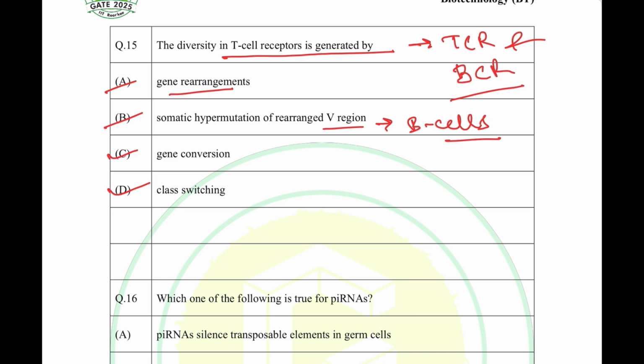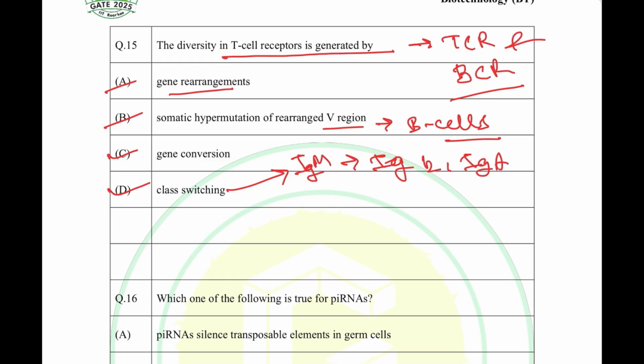And class switching is a different process involved in B cells, changing antibody isotype like IgM to IgG or IgA. This is called class switching. So it is not relevant to the T cell receptor.